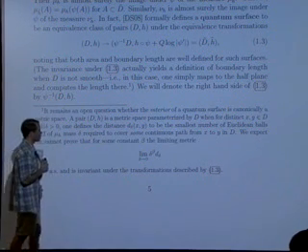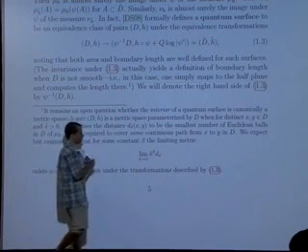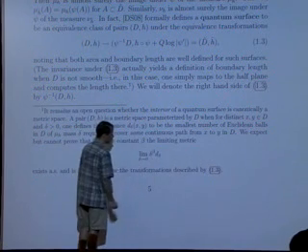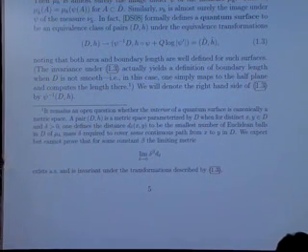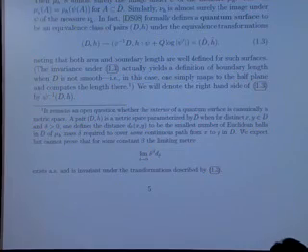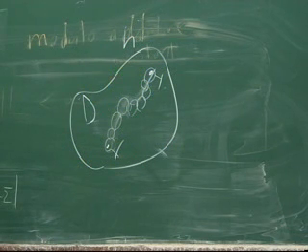So you'd like to show that there's some constant beta such that the limit as delta goes to 0 of delta to the beta times d sub delta exists almost surely. The other thing is that it's not quite obvious that this definition is invariant under coordinate changes.